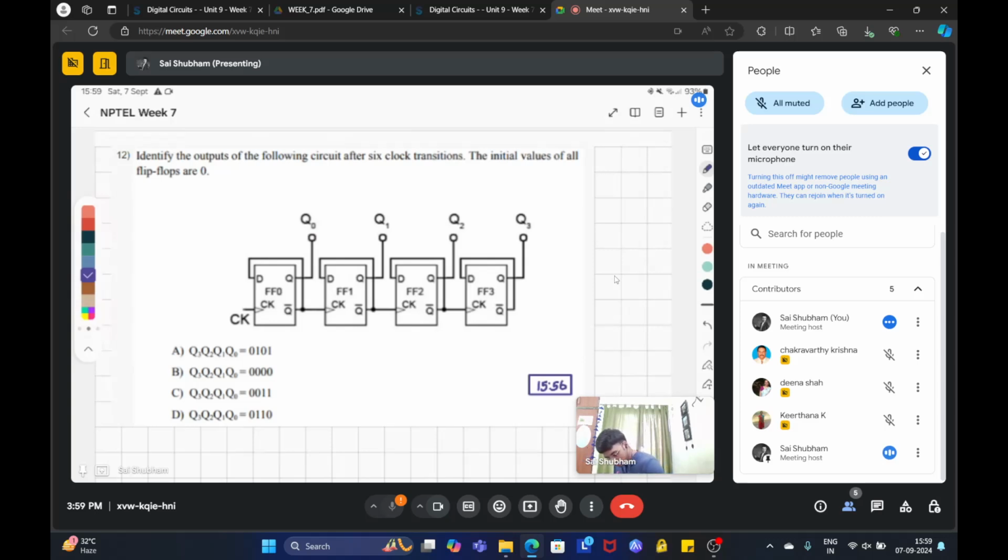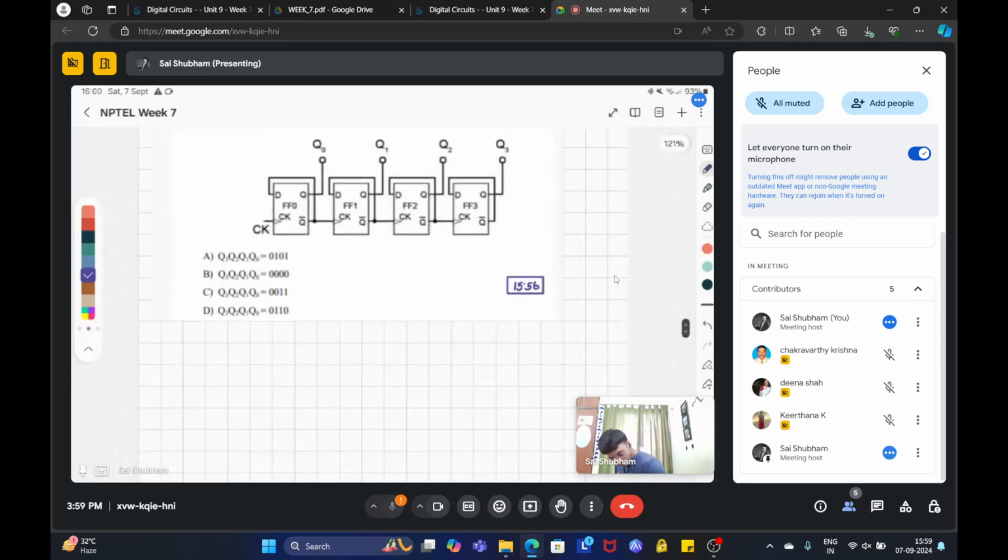I think I should discuss the solution now. Okay. So if you look here, Q, Q bar, and D for the next cycle. So supposing there is a clock edge over here, how are these values going to change?